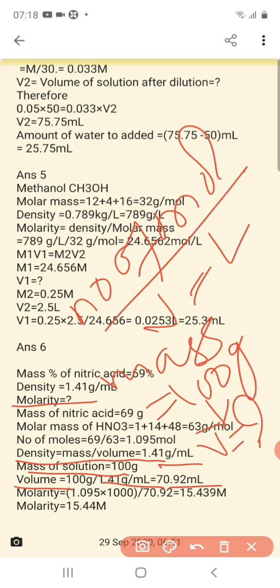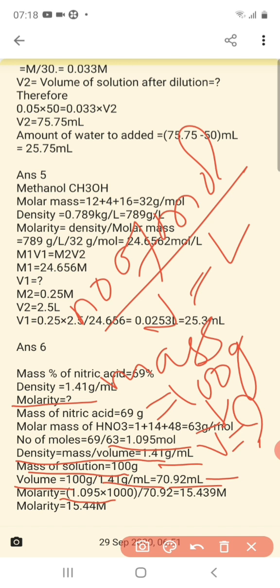Now we get the volume occupied by 100 gram of solution, and we have initially calculated the number of moles present in it. So the molarity of the solution will be calculated as number of moles divided by volume of solution in liter. Convert this 70.93 ml into liter, that is 70.93 divided by 1000.